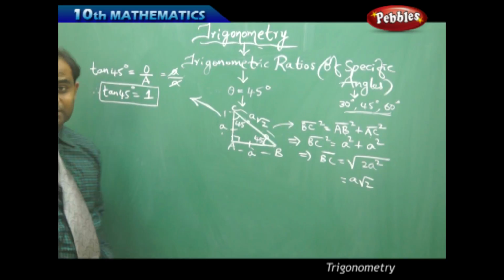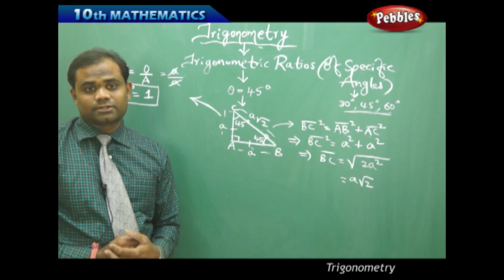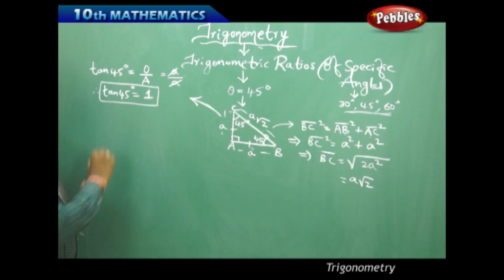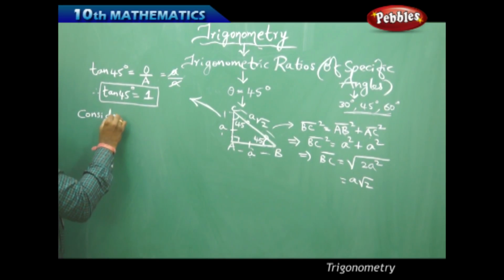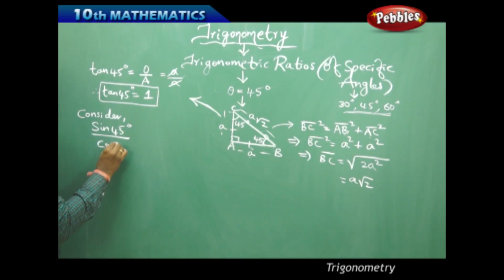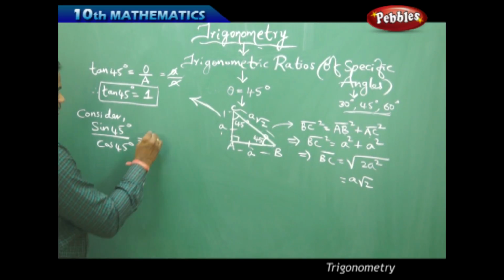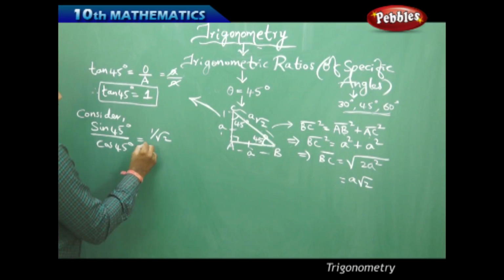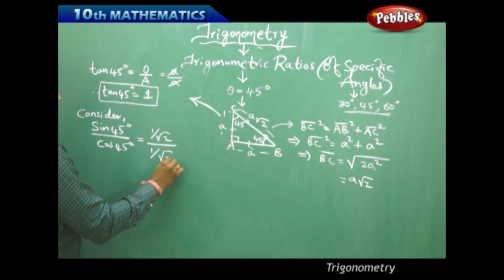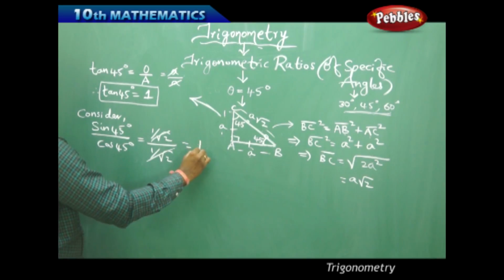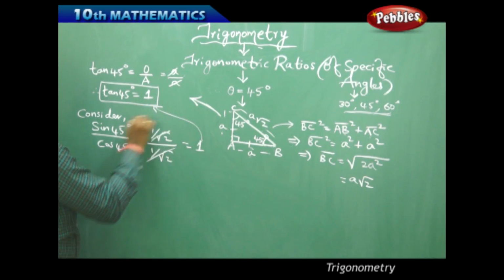So now that we have obtained sine, cos and tan, let's understand that there is a relation between sine and cos. Let's see how the relation comes here. Clearly, if I consider sine 45 over cos 45, let's see what I would get. If I divide the ratio sine by cos, I get 1 over root 2 as sine 45, and cos 45 also is 1 over root 2, which get cancelled to give 1, which is equal to tan 45.